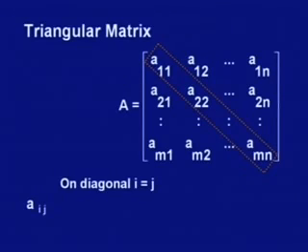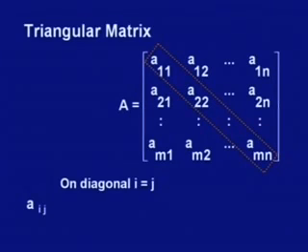The first element is A11, its row index and column index are equal to 1. The second element A22, row index and column index are the same, and the last element Ann, here also the row index and column index are the same. So this is a typical characteristic of diagonal elements, that i and j are equal.